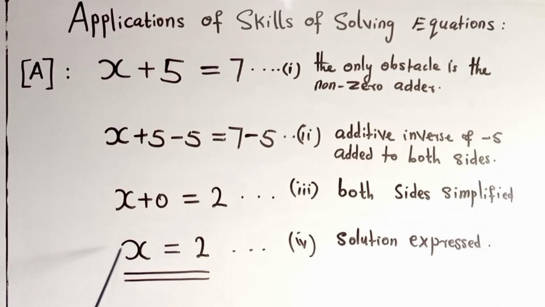So at the end, x is equal to 2. That x we did not know has become 2. I did not get my own answer by guessing. I got my own answer by following the principles and the laws and the philosophy of mathematics. At this point in time, just know that this x is equal to 2 is solution expressed. Solution to this equation expressed.